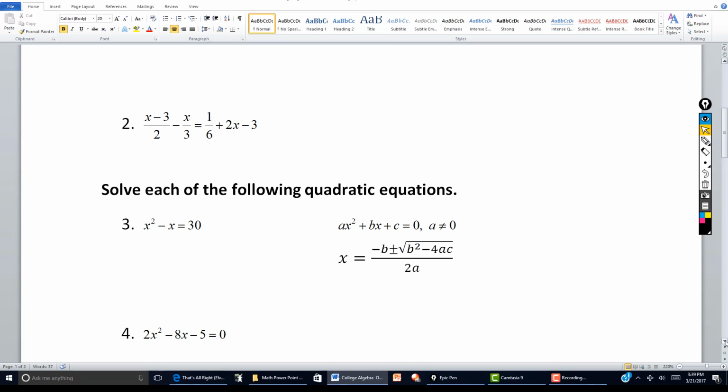So if you have a second degree equation or a quadratic, you can expect to have either two solutions, one solution, or no real solution. Okay, so you can have two real solutions, you can have one real solution, you can have no real solution, or in some cases we could have what are called non-real or complex solutions.